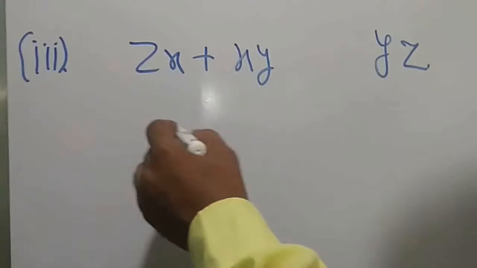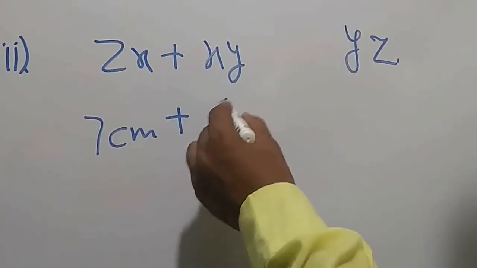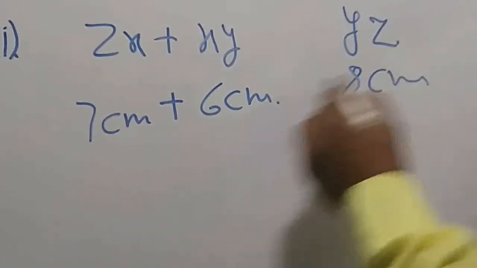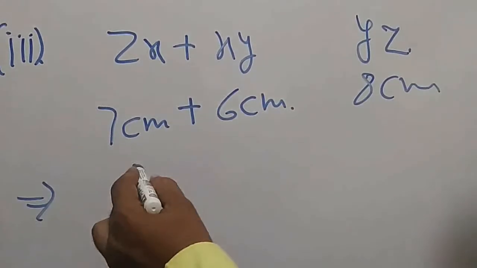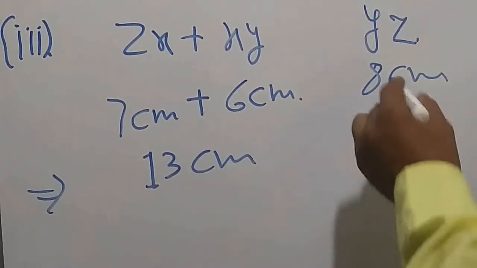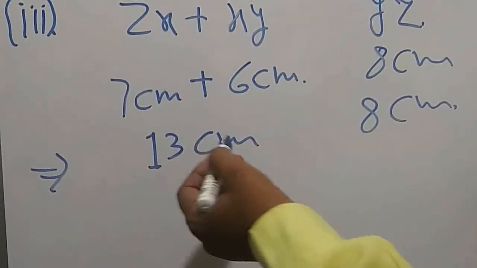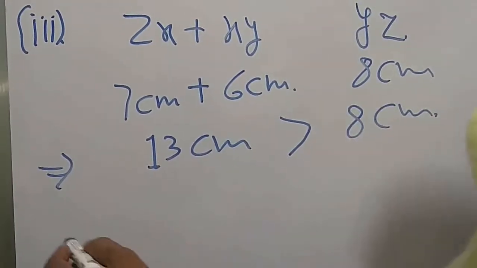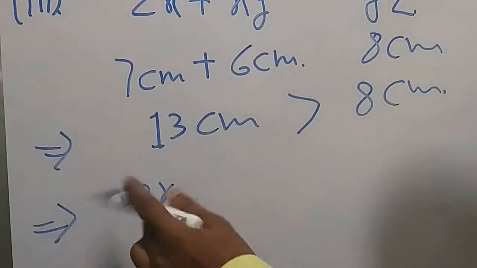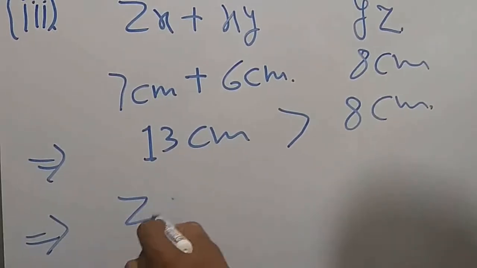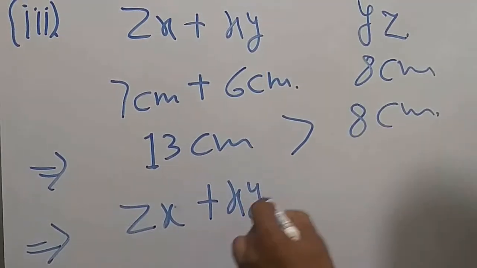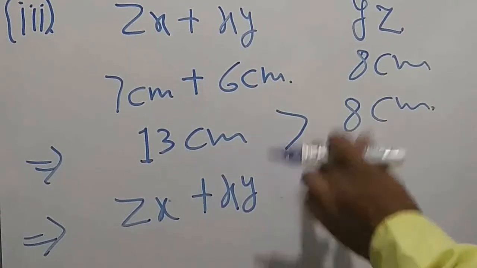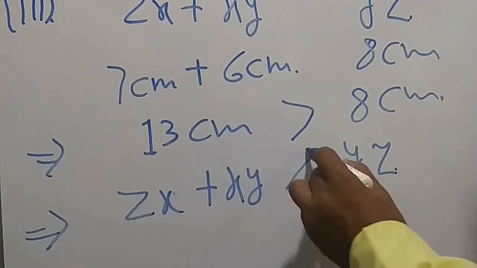ZX is 7 centimeter, XY is 6 centimeter, and YZ is 8 centimeter. 7 plus 6 gives 13 centimeter, compared with 8 centimeter, 13 is greater than 8. It shows that ZX plus XY is greater than YZ, or we can say it is not less than YZ.